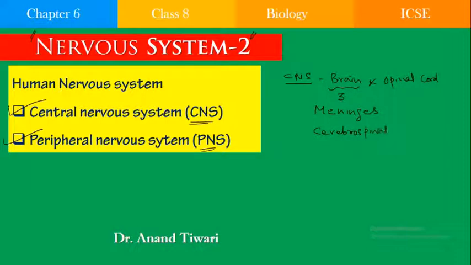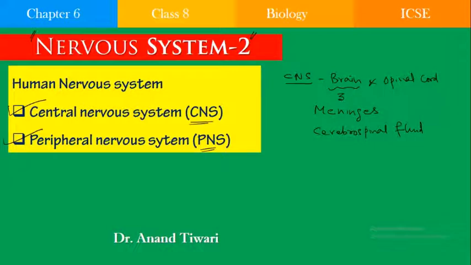This fluid provides a kind of shock absorber or cushioning to the brain, so that it doesn't get physical impacts. The brain, as you all know, controls and coordinates all our conscious activities.